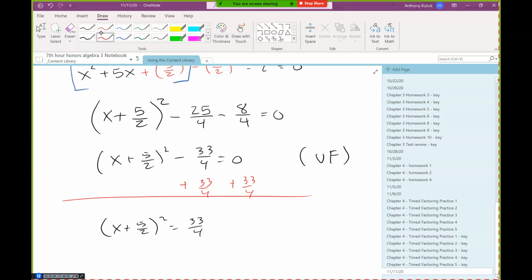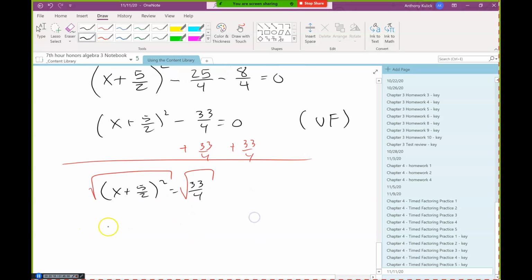Next, we would look for something to undo multiplication or division wise, but there's none of that. So we'll go and get rid of the exponent next then. So we'll square root both sides. Because we square root both sides, it creates a plus or minus. Because we're square rooting a fraction, we'll have the square root of the numerator over the square root of the denominator. The square root of 4 is just 2.